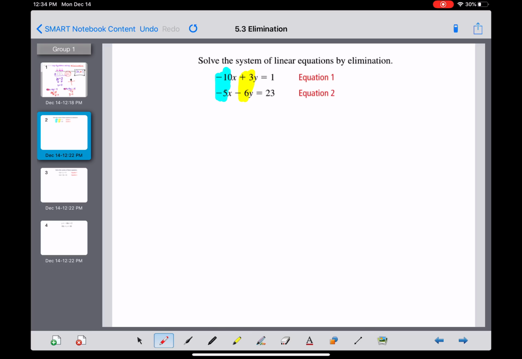Since 3 and 6 are already opposite, as in positive, negative, I'm going to choose to eliminate my y's. So the opposite of -6 is +6. So in order to get my y value to be 6, I need to multiply every single term in equation number 1 by 2.